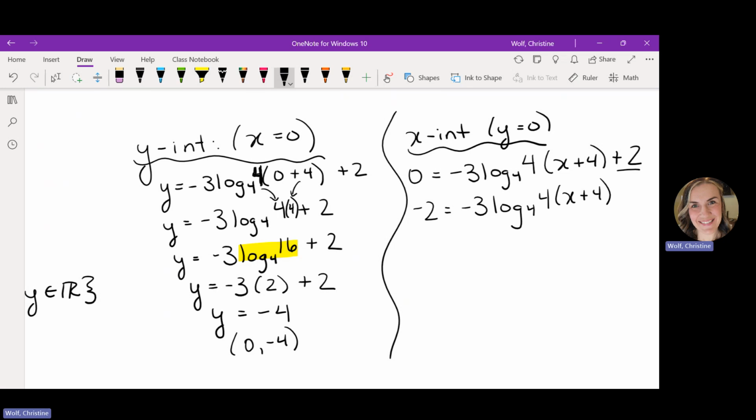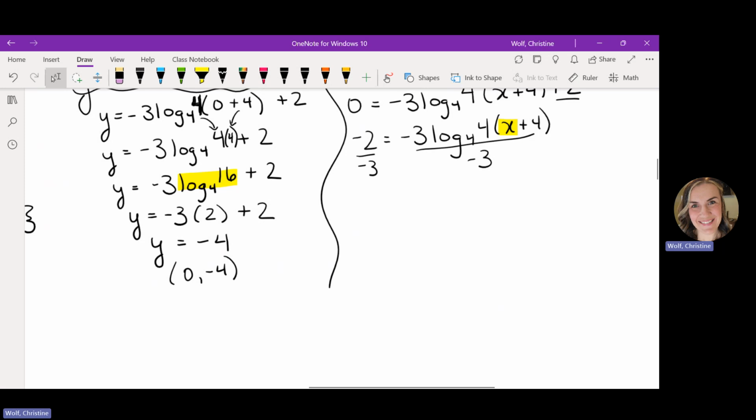I am trying to get this x all by itself, so I'm going to get rid of anything I possibly can. Now I'm going to divide off that -3. So on the left, I have 2 over 3. The negatives cancel. Log base 4 of (x plus 4). Lots of 4s.